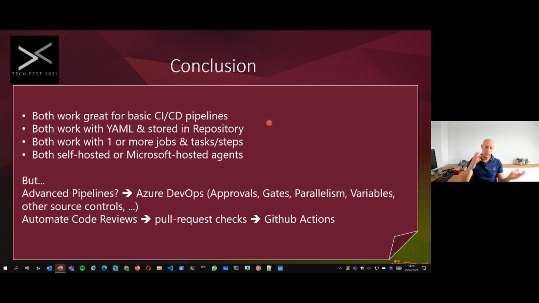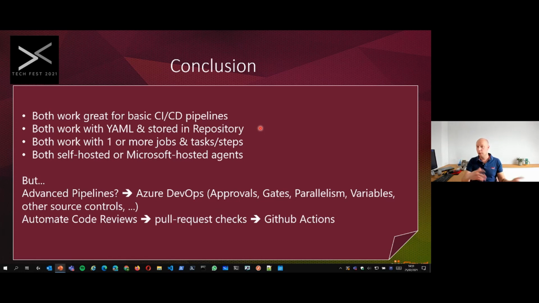So it will work in Azure DevOps and it will work in GitHub Actions. They both work with YAML, so it can be stored in the repository, so you can control all the actions that are happening in build, and all the actions that are happening in the deployment. Even in Azure DevOps, if you want to, you can do everything in build, so you can really control everything using YAML.